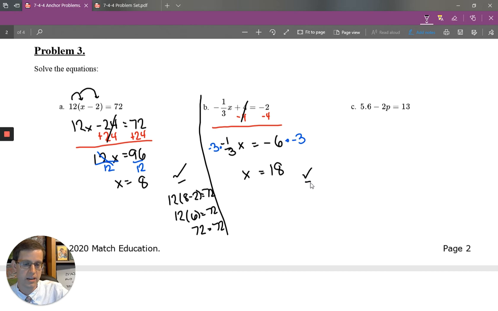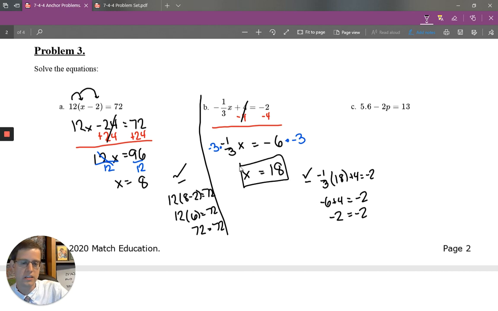And if you wanted to check that one, we have negative 1/3 times 18 plus 4 should be negative 2. And sure enough, negative 1/3 times 18 is negative 6. Plus 4 should equal negative 2. And yes, negative 2 equals negative 2. So x equals 18 is our solution, just like x equals 8 was our solution there.